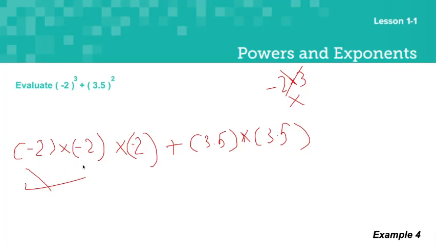Negative 2 multiplied by negative 2 equals 4, because as we learned last year, negative and negative equal positive. Then we bring down the negative 2 and multiply: 4 multiplied by negative 2 equals negative 8.